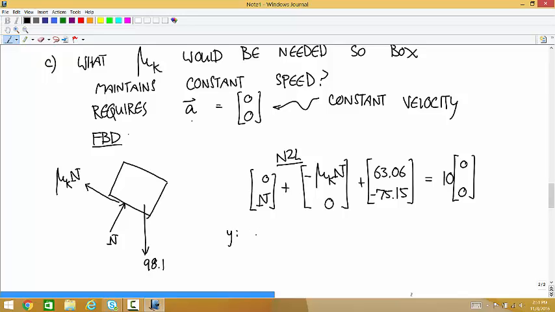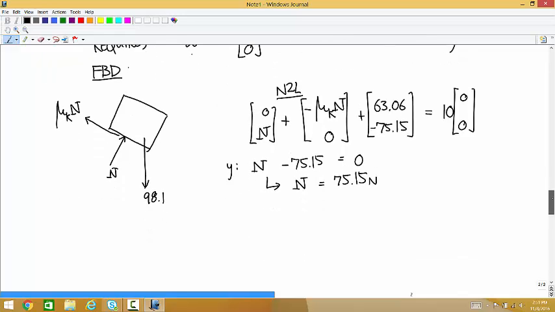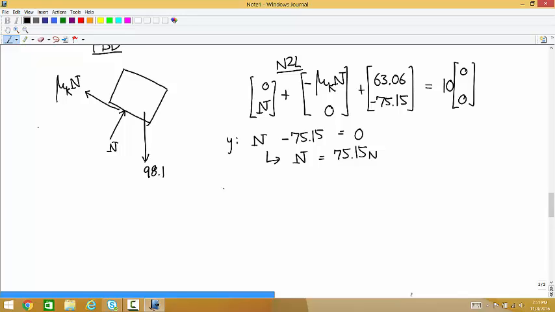And so the y equation says n minus 75.15 is equal to 0. So n is equal to 75.15. Plug that into the x equation, and you get negative mu sub k, we don't know what that is yet, times 75.15 plus 63.06 is equal to 0.